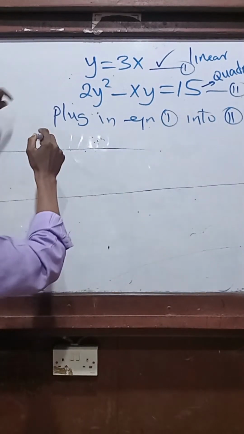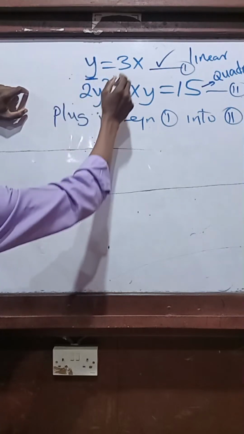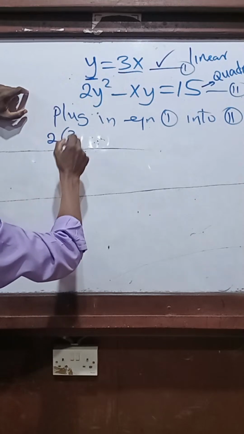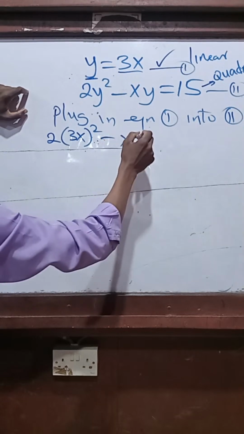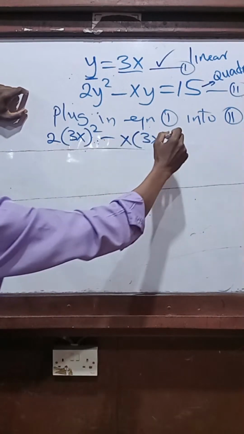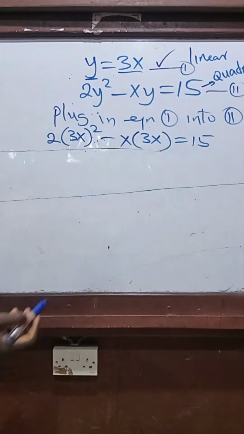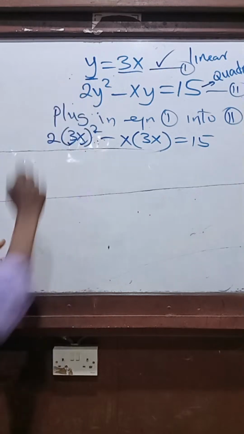So we're going to have, anywhere you see y, you put 3x there. And that will be equal to 2x(3x) squared minus x(3x) equal to 15. And then you begin to expand. Mind you, these will affect each of the contents.